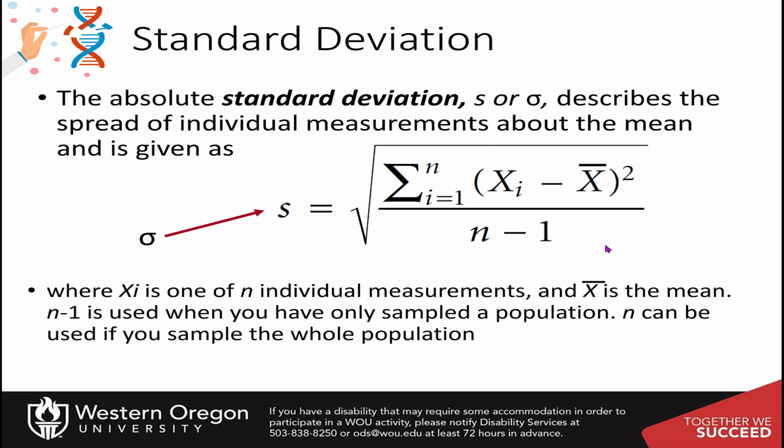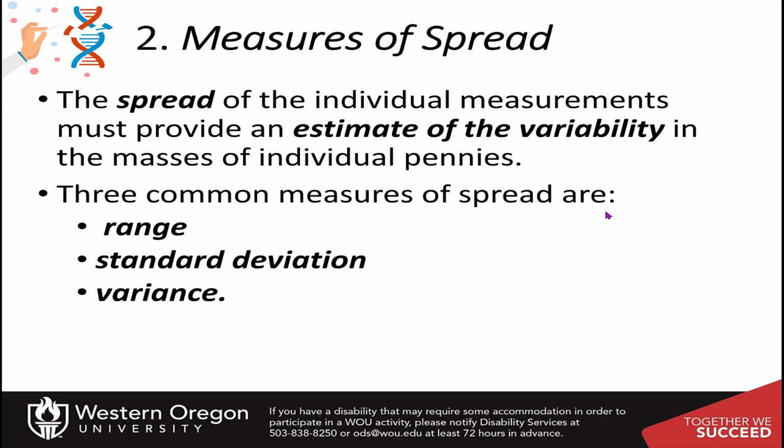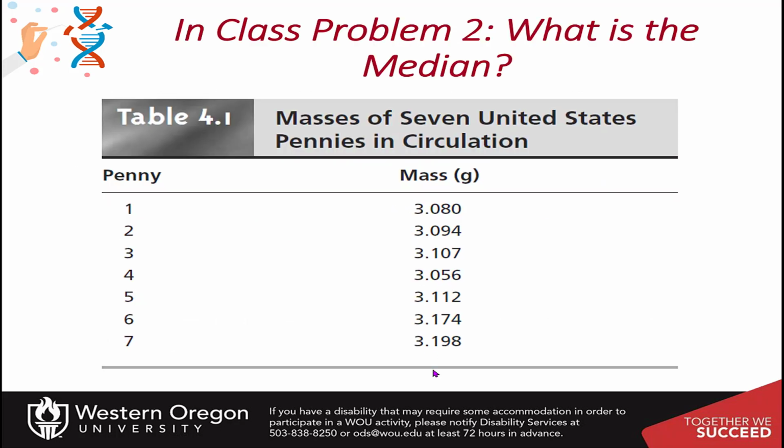All right, so I would ask you to practice doing this by taking our data set that we've done here. We've got the mean at 3.117, right? So each of these values minus the mean and then square it, and then you would add them all up together.